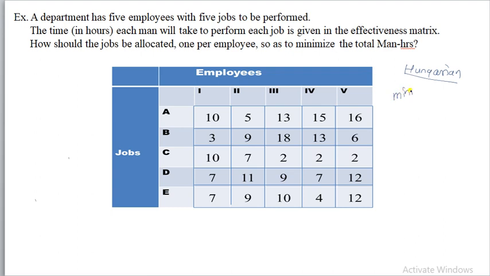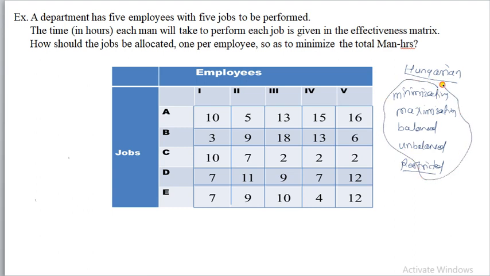It may be minimization or maximization, it may be balanced or sometimes unbalanced. One category of assignment model is restricted type assignment problems. Any type of problem can be easily solved by using this Hungarian method; just some conversions are required to get the solution.